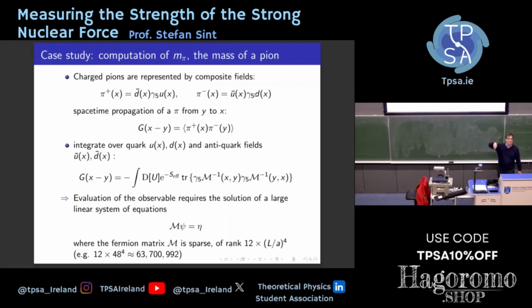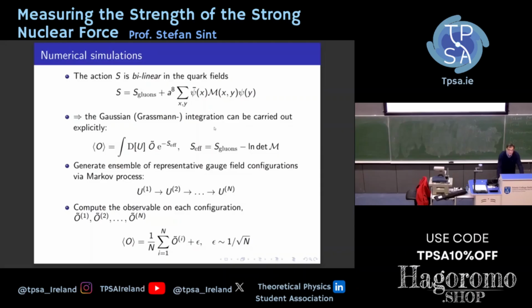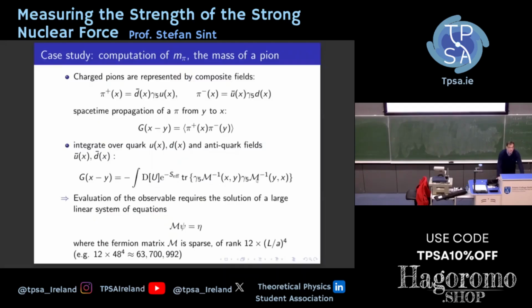If you integrate over the psi and psi bar fields by Grassmann integration, all of them, since u and d bar are contained in psi and psi bar, then you get this O tilde observable, a trace of these matrices, where M inverse is the inverse of the Dirac operator, or the kernel in this action. And this is a huge matrix. M is a huge matrix, and you need to invert that matrix to evaluate this observable.